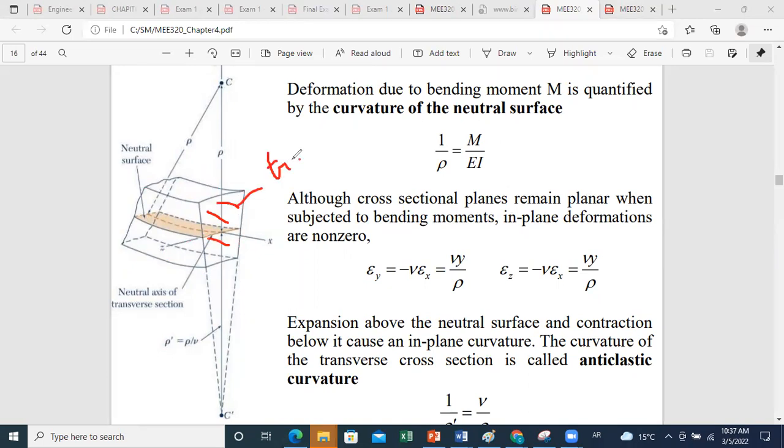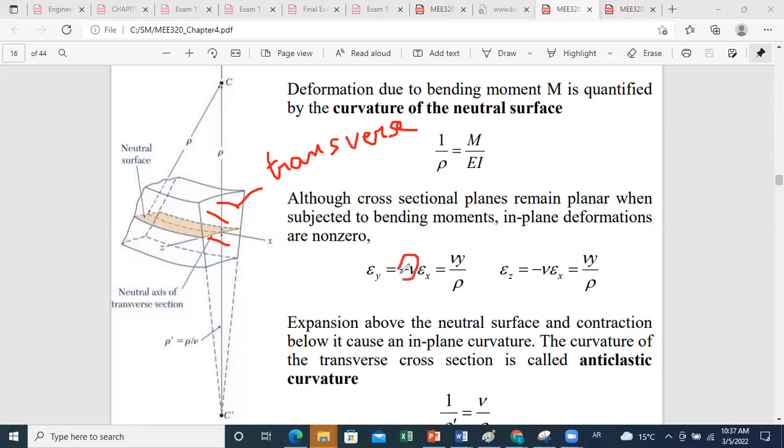Why? Because you have already established in previous chapters that you can relate strain in different directions. Okay. So if you have here strain in x, epsilon x, and we developed the expression of epsilon x, you have also epsilon y and epsilon z, and they can be related through the Poisson ratio.